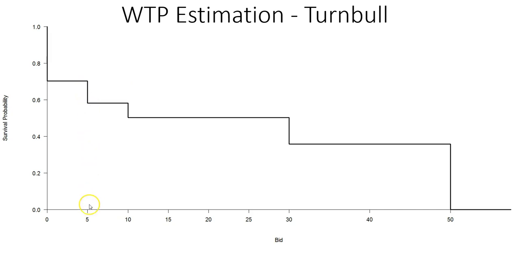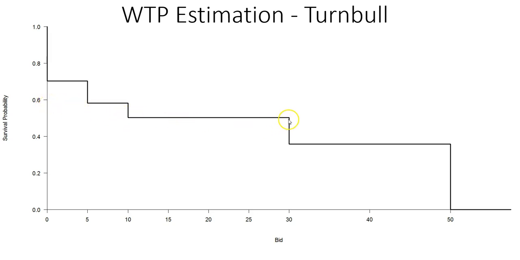So the lowest bid is $5. When the cost is $5, it looks like about 70% of the survey respondents said they would pay that cost. When the bid increased to $10, the yes responses fell to below 60%.